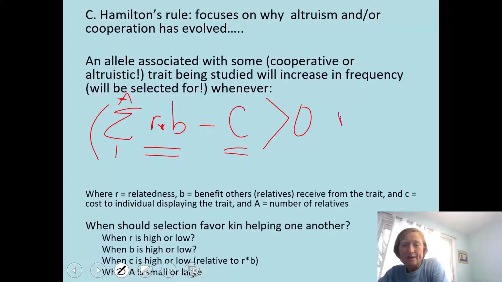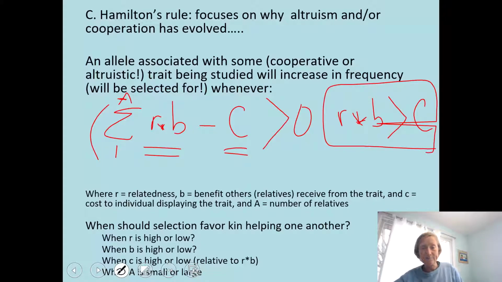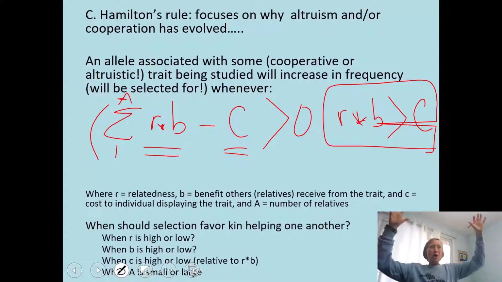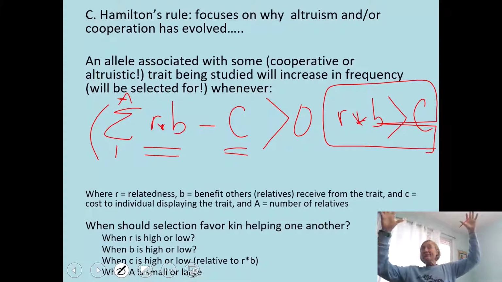Sometimes we even write it like this: R times B is greater than C. That's how I like to think of it. The benefit to the relatives, and that includes all the relatives that benefit from your behavior, is greater than the cost to the helper. So it might be worth it to call out that alarm call, risking your life.